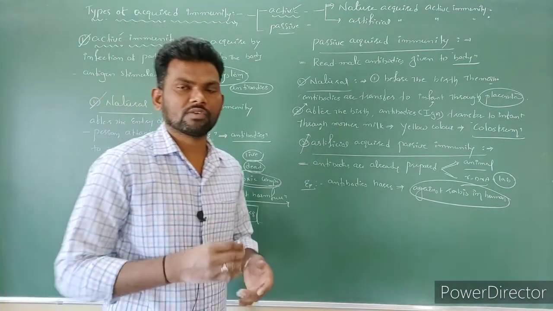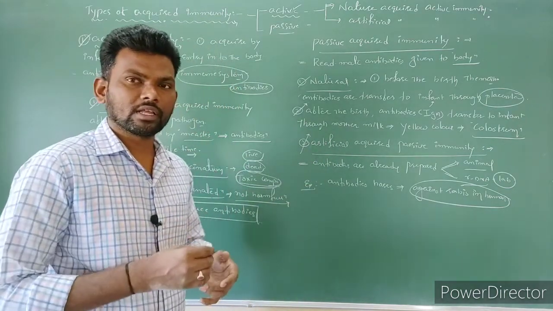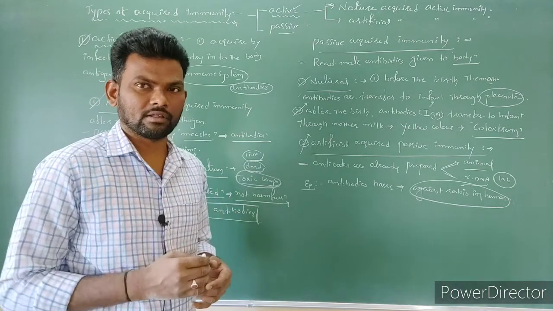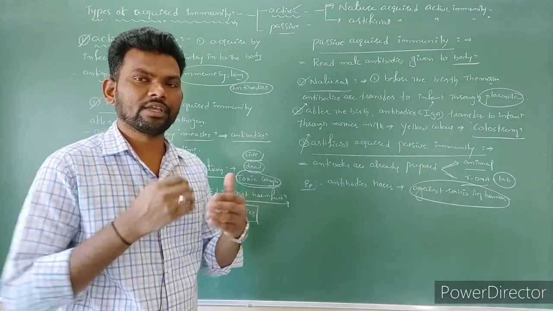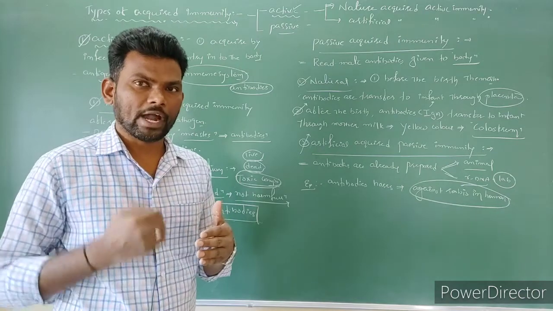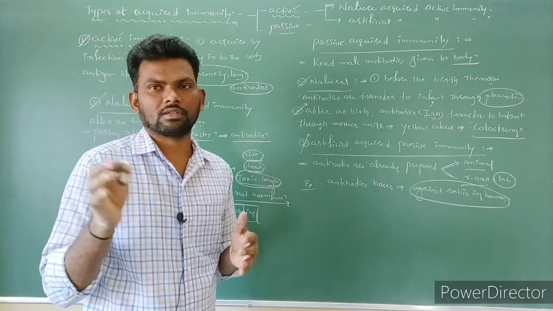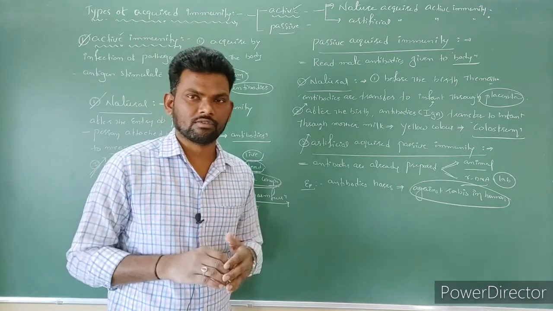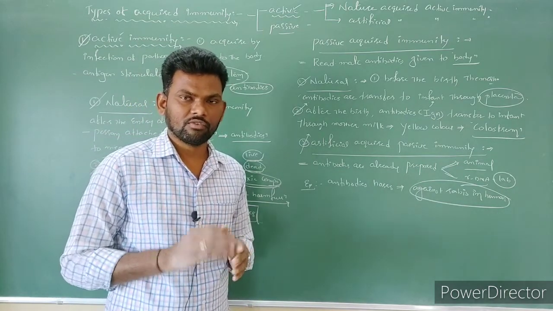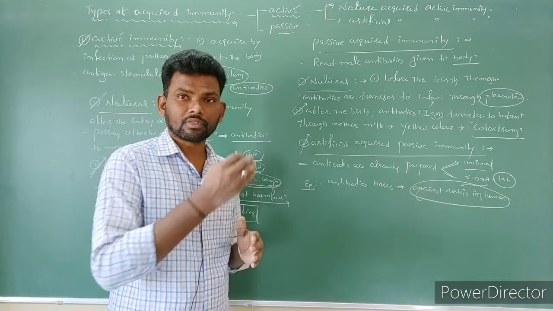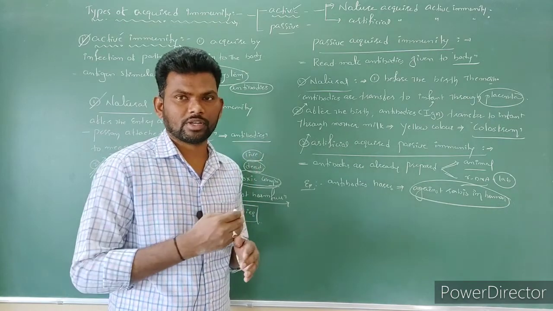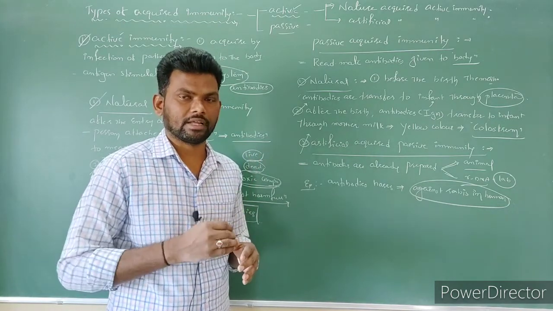For example, if you are suffering from fever, on the first, second and third day, the encounter is occurring between our antibody and the antigen. After 3 or 4 days, the temperature decreases and we recover, right? First, it was humoral mediated.